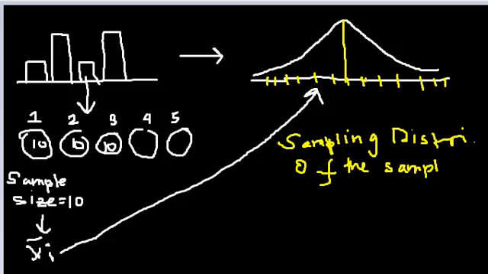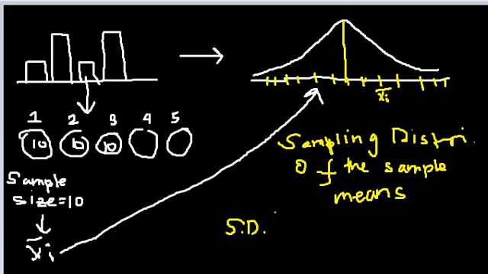So I hope you understand why it's called sample means now, because all the things that we put into this normal distribution are x bar i, not x i, not the individual data, but the mean of each sample with 10 elements.